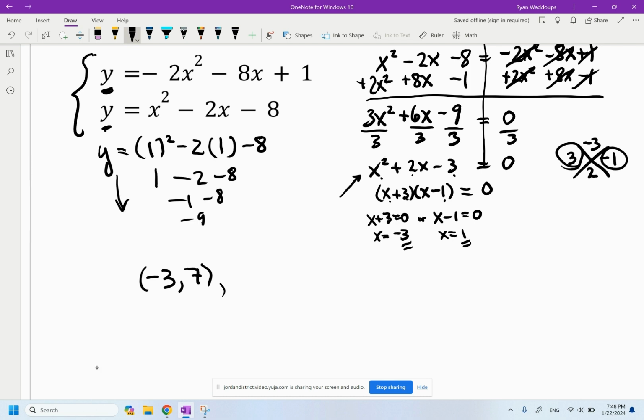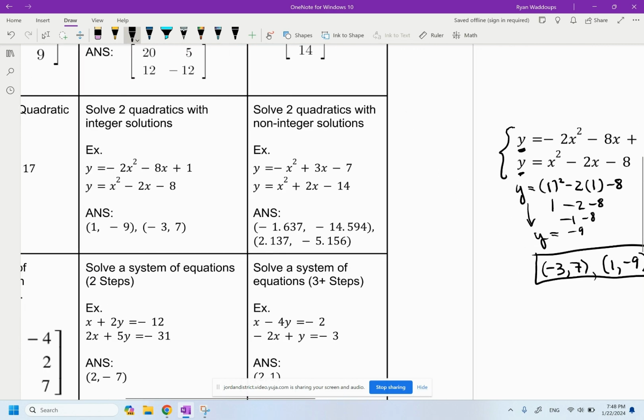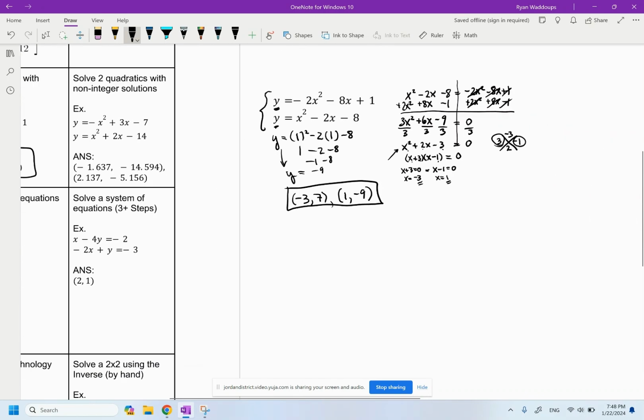And so once again here, y equals negative 9, but that's when x equals 1. So the other solution is x equals 1, y equals negative 9. And those would be the solutions that we have here: 1, negative 9, and negative 3, 7 are the answers for that solution.